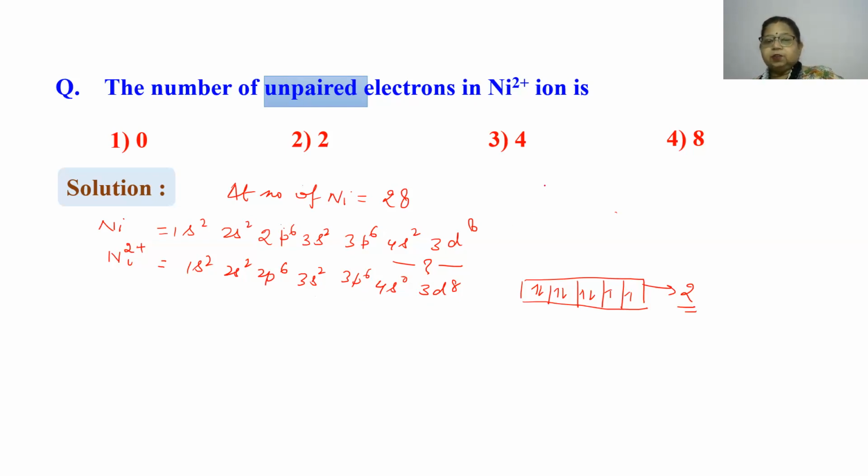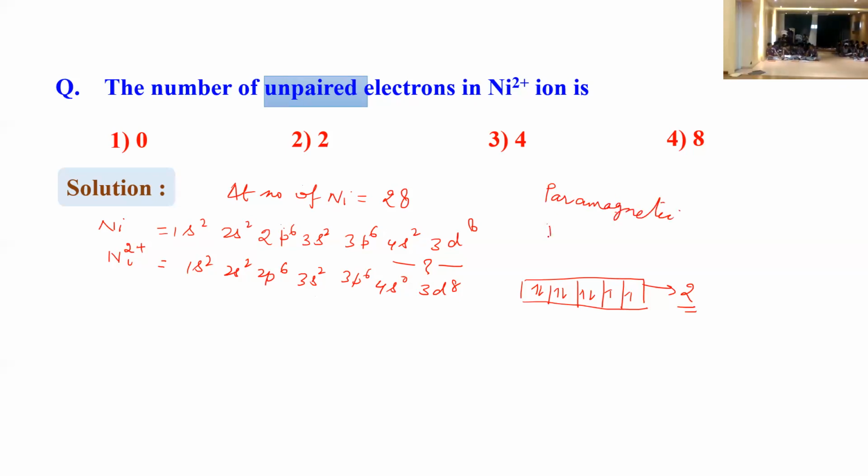Now, have you heard about the terms paramagnetic and diamagnetic? No, ma'am. Okay. In physics, you must have been taught one fact: whenever a charged body is moving, it is going to generate a magnetic field also. Now, when 2 electrons are moving in opposite directions, the magnetic fields developed by them cancel out.